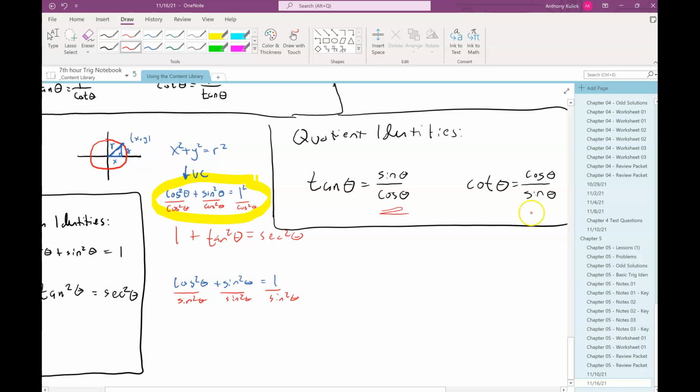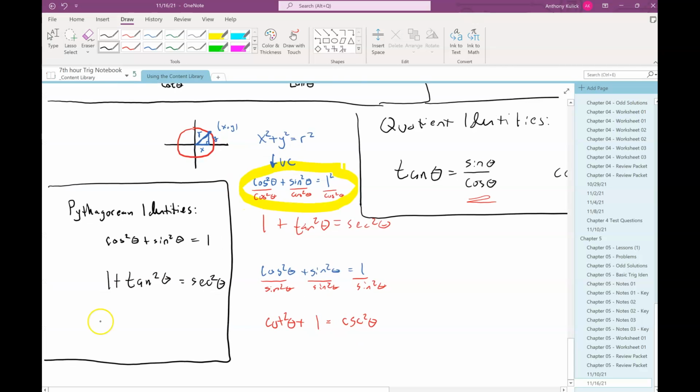Cosine squared divided by sine squared, well, that's cotangent squared. Sine squared divided by sine squared is 1. And 1 over sine squared is cosecant squared. So that's going to become our third Pythagorean identity.